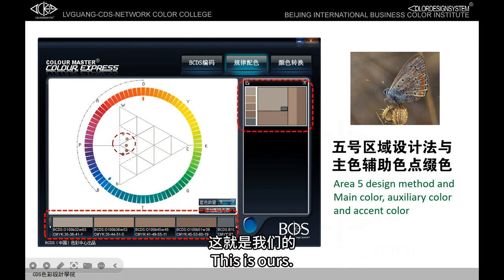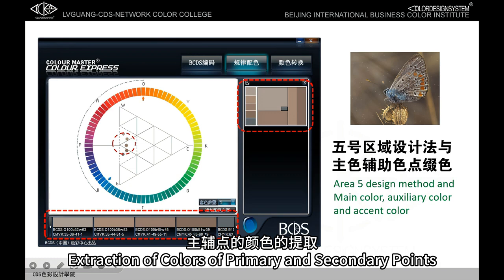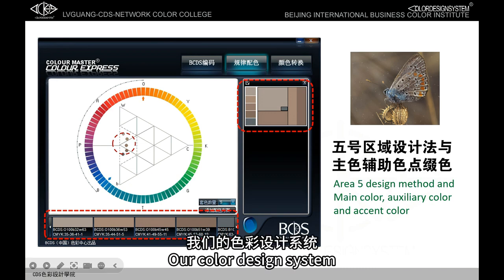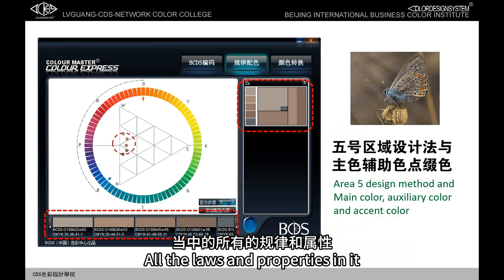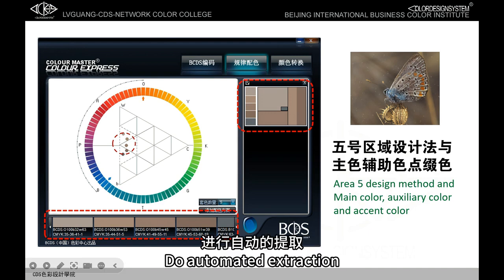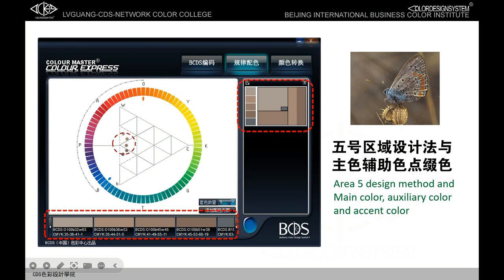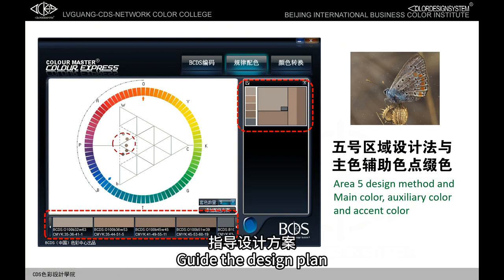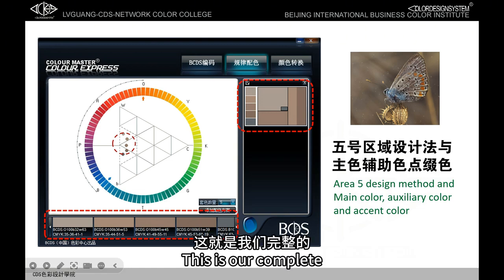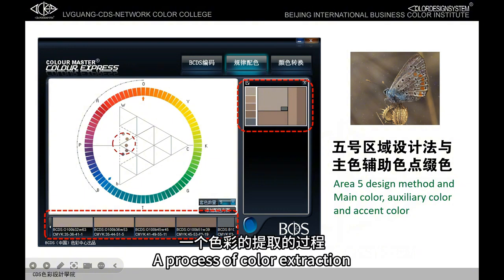This is the extraction of colors of primary and secondary points. According to our own color system and all the laws and properties in it, we do automated extraction of the area of the color that generates the primary and secondary points, guiding the design plan. This is our complete process of color extraction.